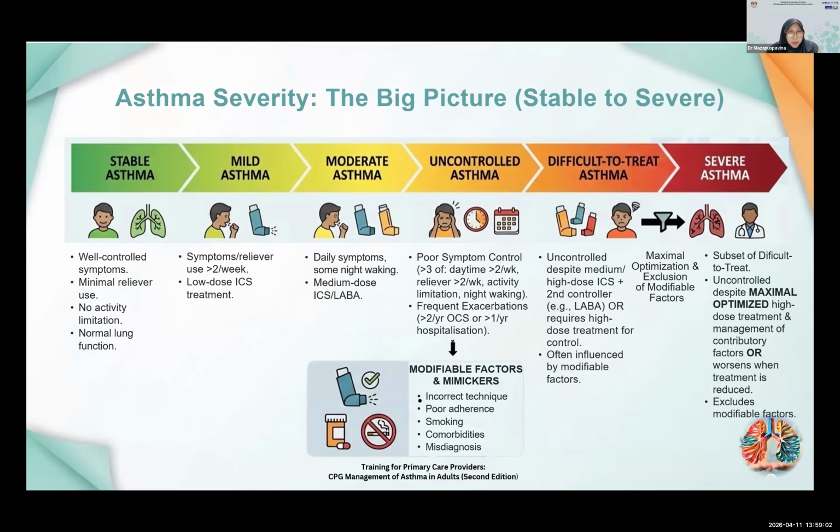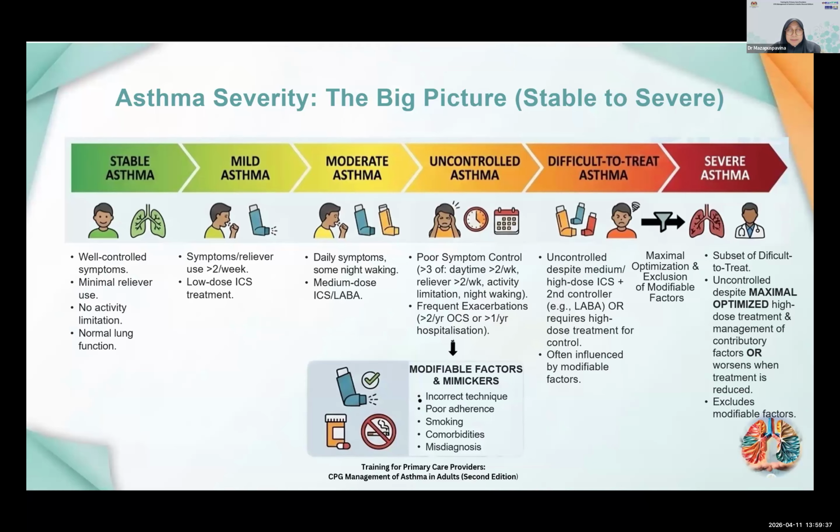Low dose means budesonide around 100 to less than 400 mics per day. Then you have moderate asthma, where the symptoms increase to daily symptoms, with some night waking symptoms, and this patient needs a higher dose of steroids or ICS-LABA.